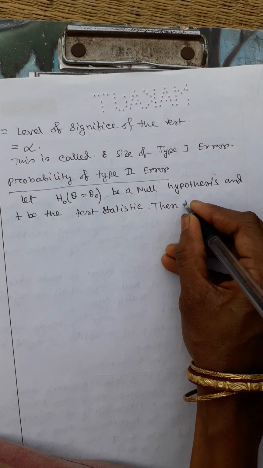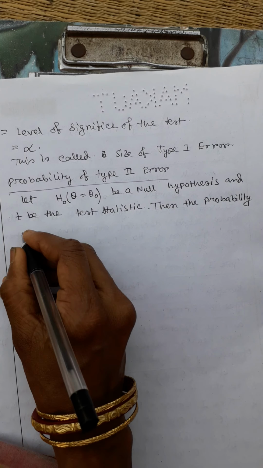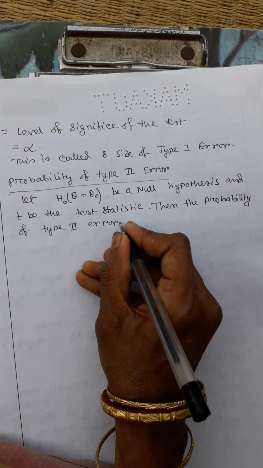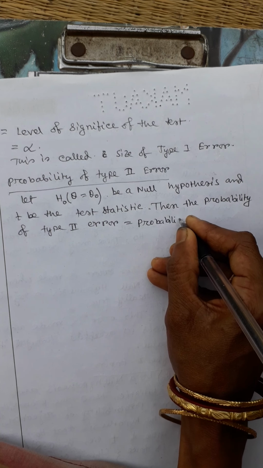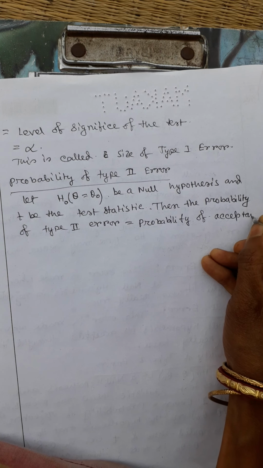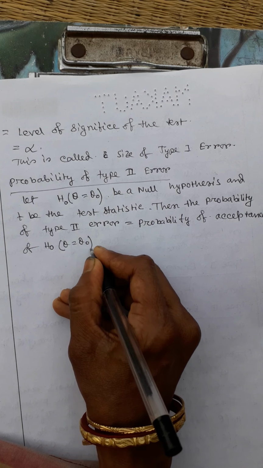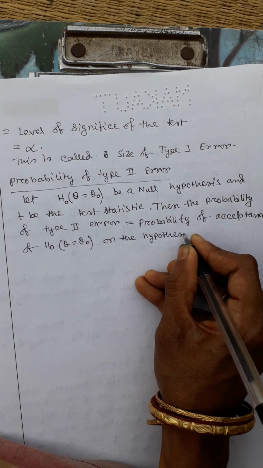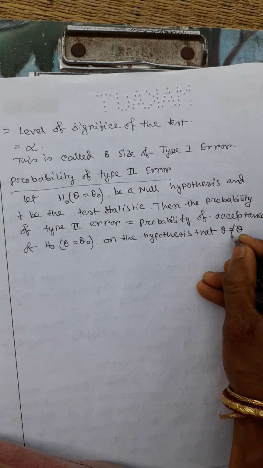Then the probability of type 2 error is equal to the probability of acceptance of H0, where theta equals theta 0, on the hypothesis that theta not equal to theta 0.